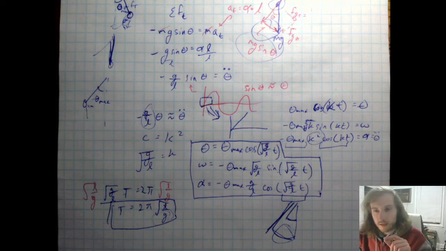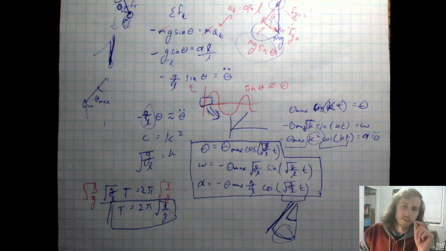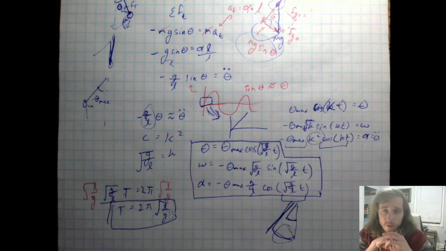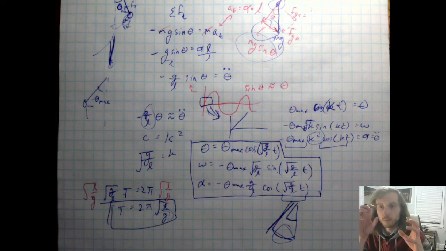Something that's a little bit relevant here, more so than it was for springs. A lot of the times for this one, if you're trying to figure out a velocity, you're really just going to be using the energy for it.